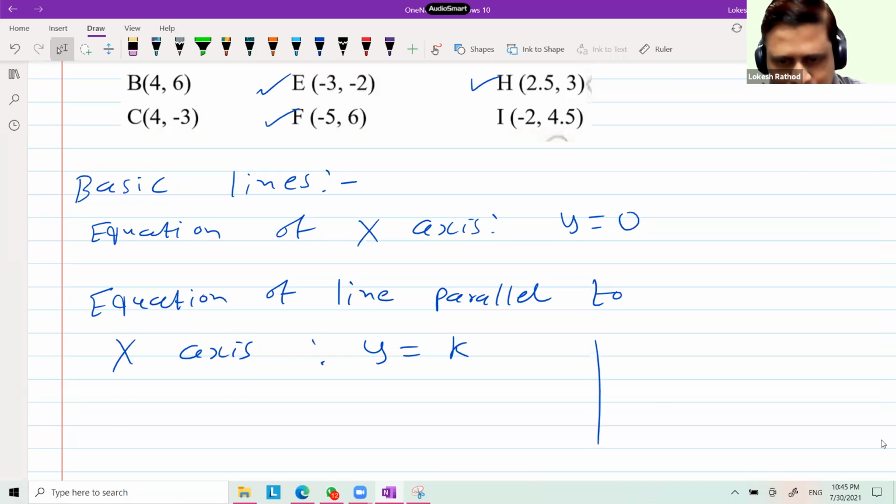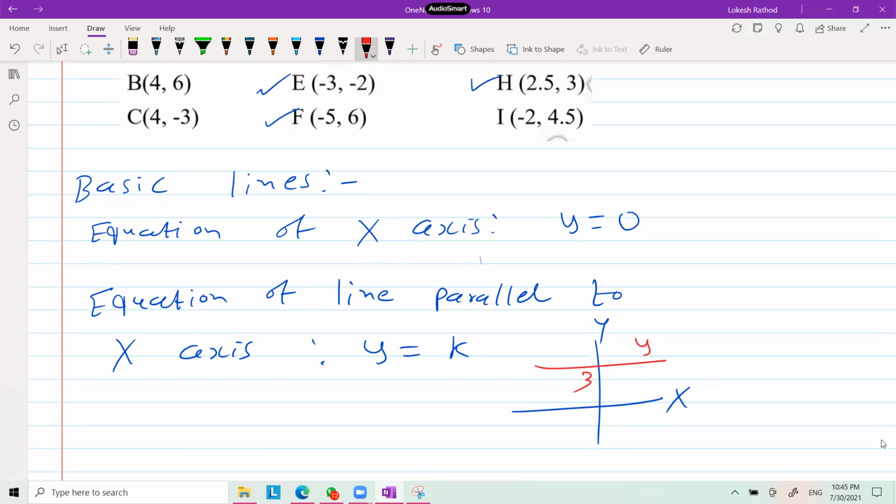If I draw the x-axis and the y-axis, and draw this line, and this point is say 3, so its equation is y equal to 3. Are you getting this? Because all the points on this line will have their y coordinate equal to 3.